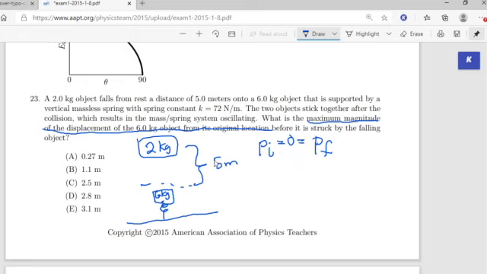There's also another formula, v equals the square root of 2gh, and we can use that to find the velocity of this during collision. It falls a height of 5 meters, so we have 2 times 5 times g, which is the square root of 100 if we use 10 for g, which is 10 meters per second.